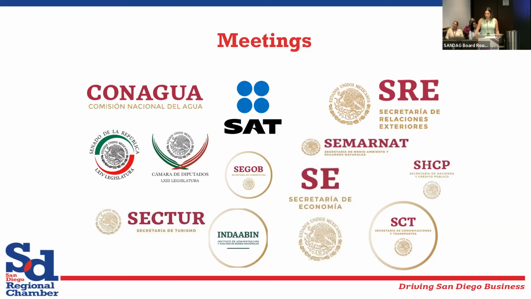Another topic: the head of the Mexican section of the International Boundary and Water Commission, or CILA in Mexico, have confirmed their participation, and we have also reached out to Conagua and Semarnat, other agencies that can address the topic of the Tijuana River Valley transboundary pollution.